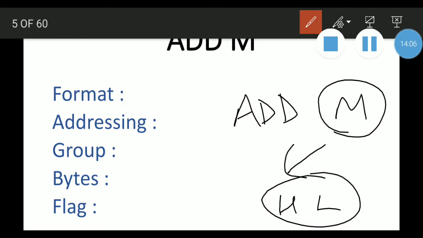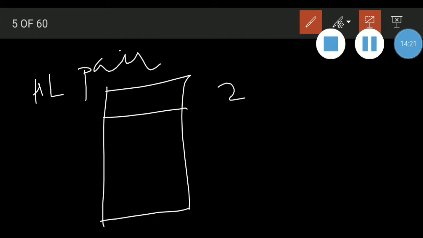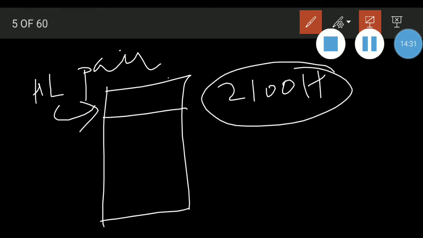Any content of memory that is being pointed to by the HL pair. Suppose I have a memory address like 2100H. So this content is being pointed to by the HL pair. Whatever address is there in the HL pair, the memory location it points to, whatever content is there.